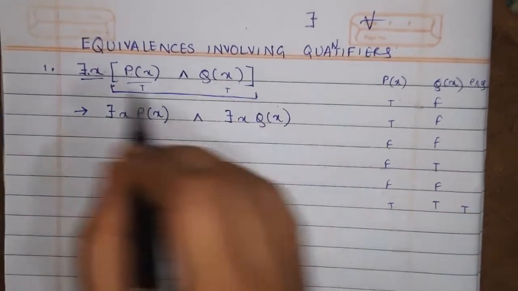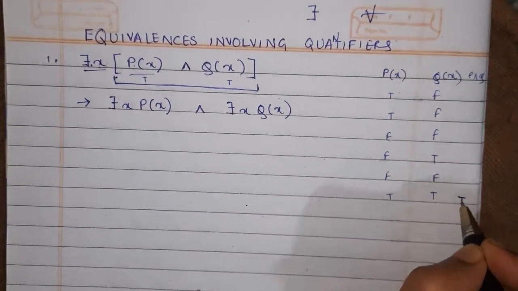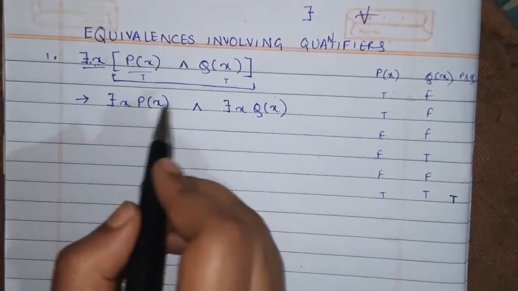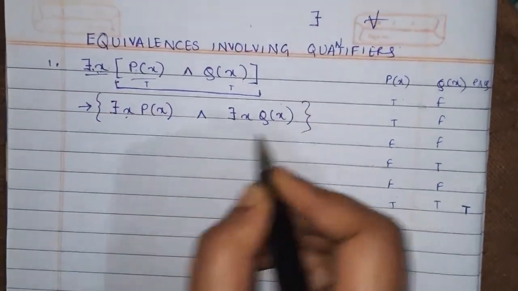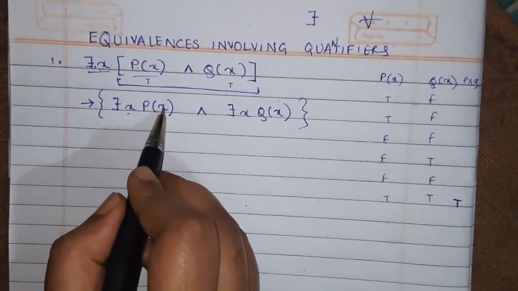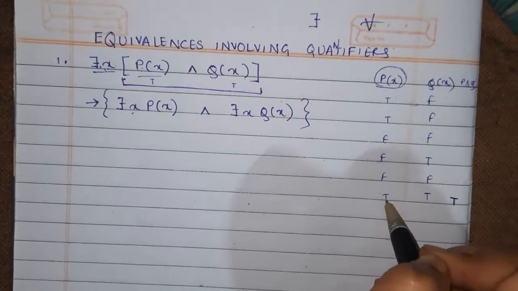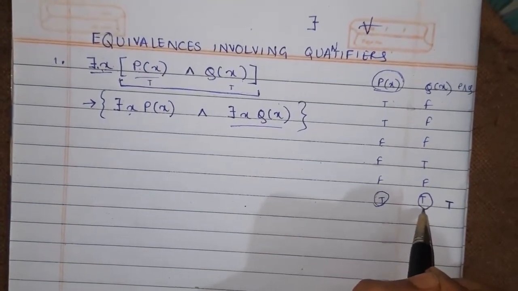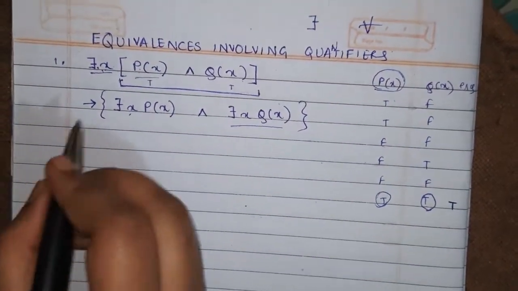And there exists x, yes, there is one condition which is true, so this whole condition is true. Now coming here, there exists x p of x means does p of x have at least one true? Yes. Does q have at least one true? Yes. So this one is satisfied.